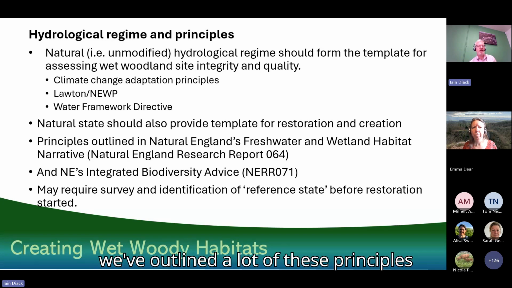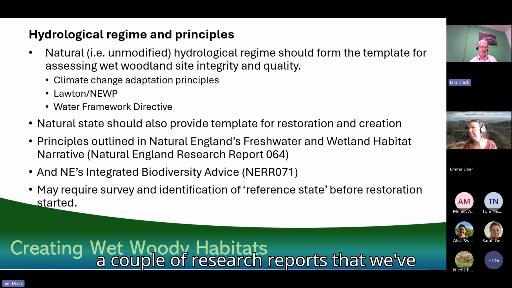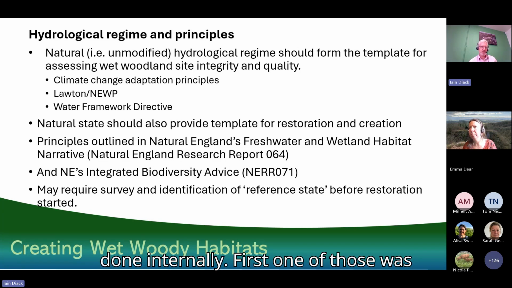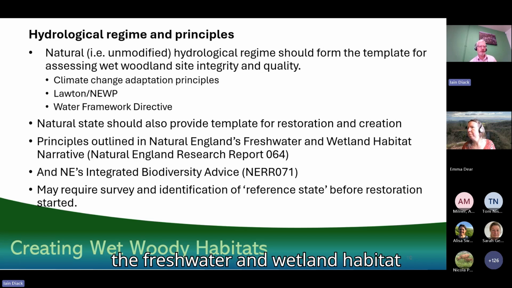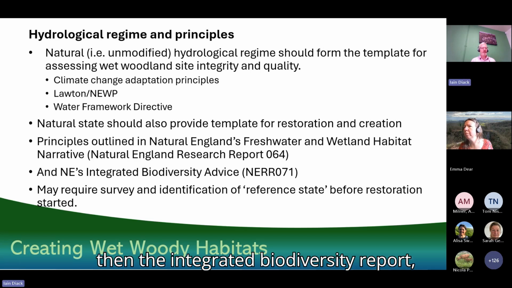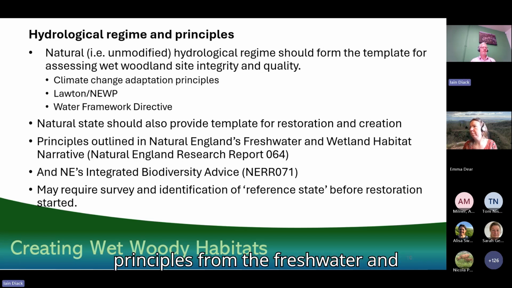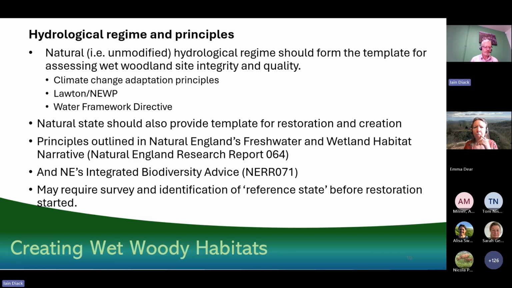And we've outlined a lot of these principles and expounded on them in a couple of research reports that we've done internally. The first one of those was the Freshwater and Wetland Habitat Narrative, which covers all wetland habitats, and then the Integrated Biodiversity Report, which broadened out those principles from the Freshwater and Wetland Habitat Narrative to all habitats, dry, wet, whatever.